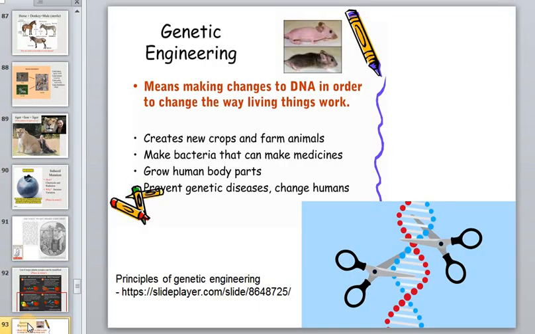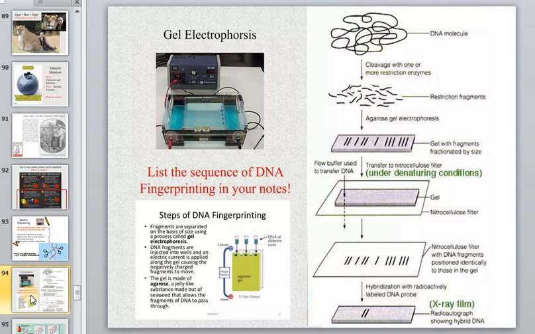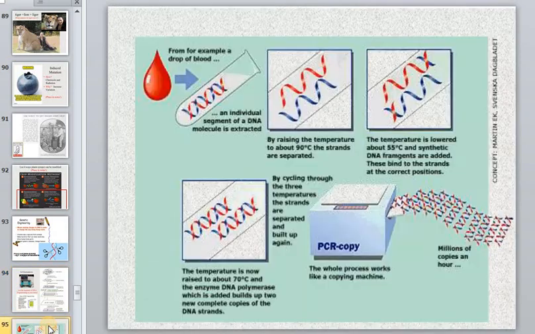It's not the end of the story. Here we see genetic engineering. We take DNA and isolate a fragment, separate it in a gel, and using this gel we can do something with this DNA.